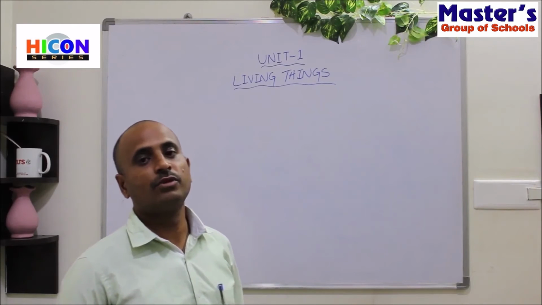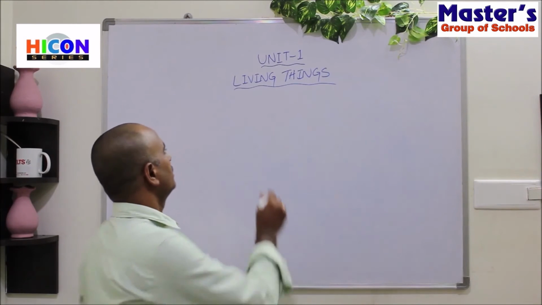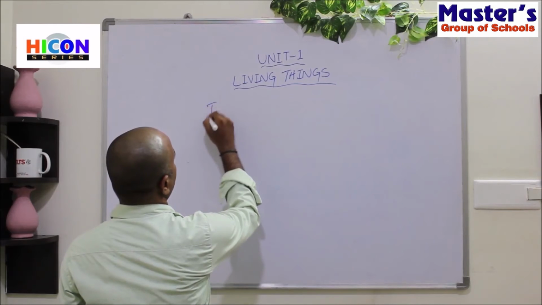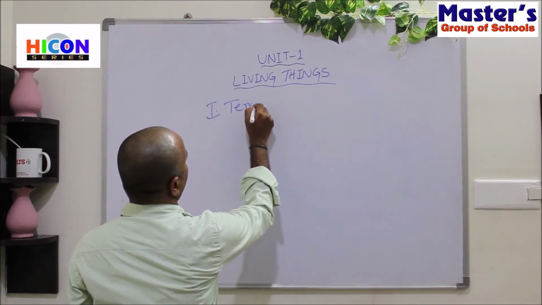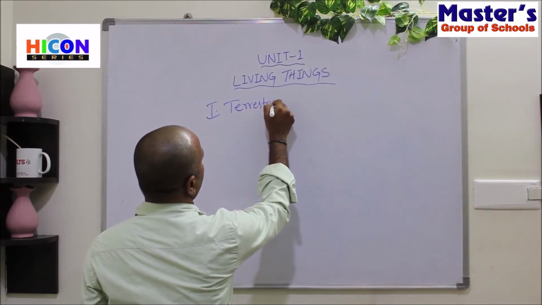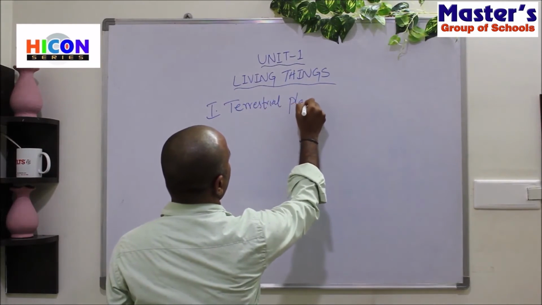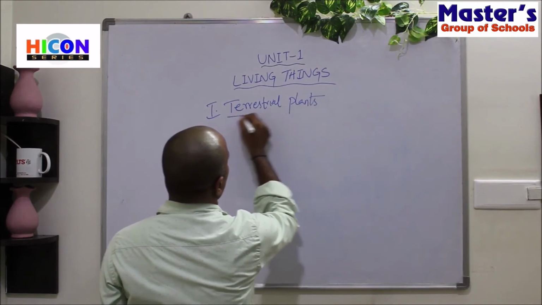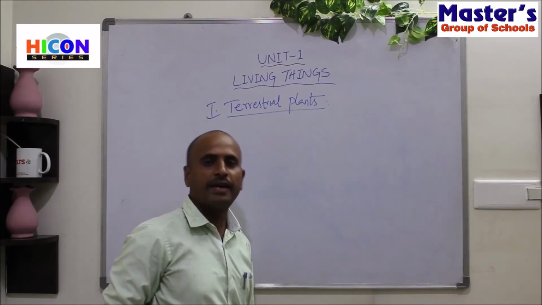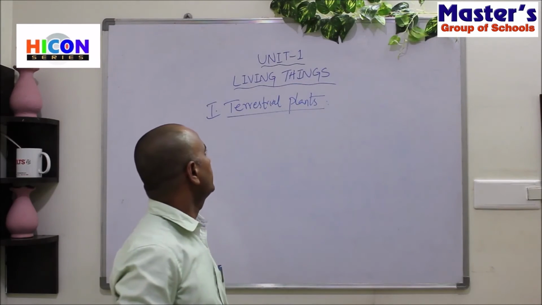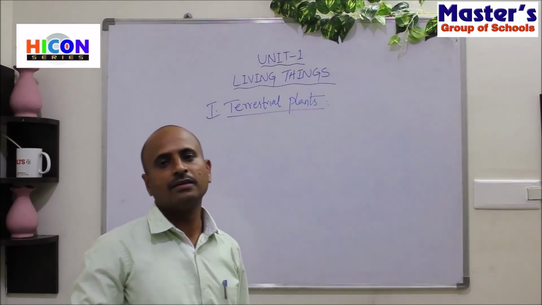Now we will discuss the first type of plants, that is terrestrial plants. What are terrestrial plants? Terrestrial means land.